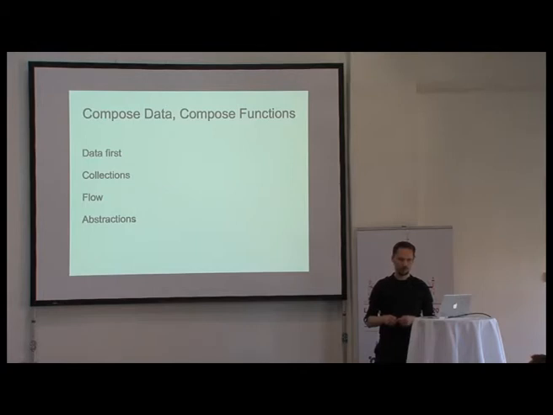So this is how you compose data and you compose functions together. You start with simple data, and then after a while you might use macros and def records and things like that to create abstractions and build up more complex constructs behind macros. And since things are immutable, you always get a new value from invocations, and you chain these together to transform your data into new expressions.